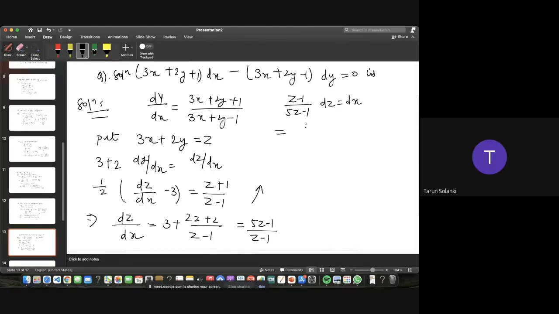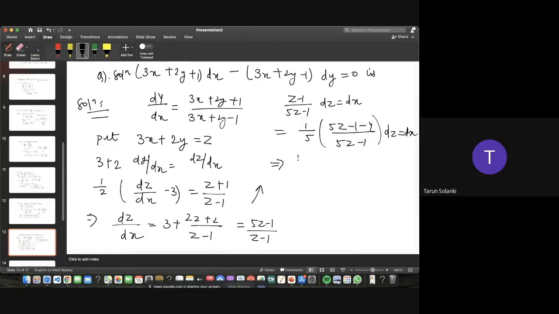So it becomes (1/5)(5z - 1 - 4)/(5z - 1) dz = dx.